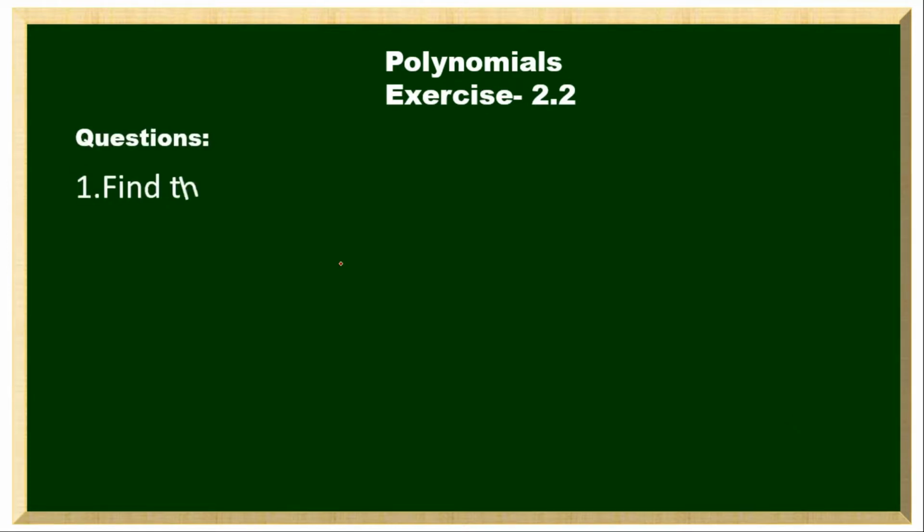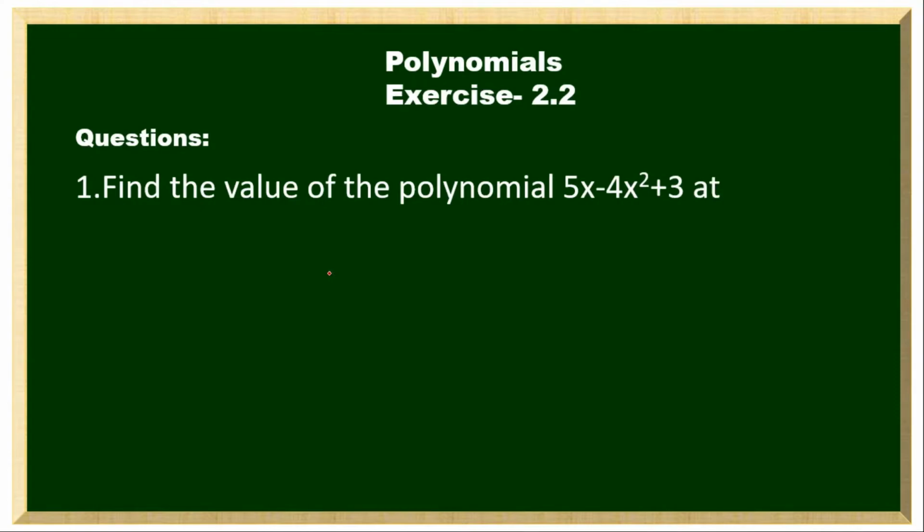We will see the problems related to the value of the polynomial from exercise 2.2. Find the value of the polynomial 5x minus 4x square plus 3 at x equal to 0 and x equal to minus 1. At different points we have to find the value of this polynomial. Let us take the polynomial as p of x equals 5x minus 4x square plus 3.